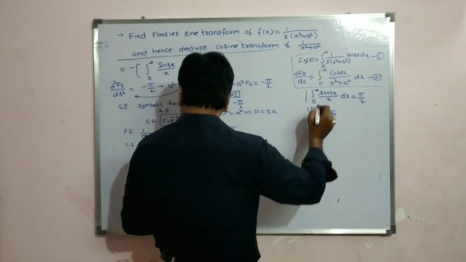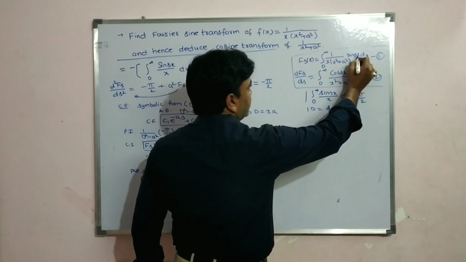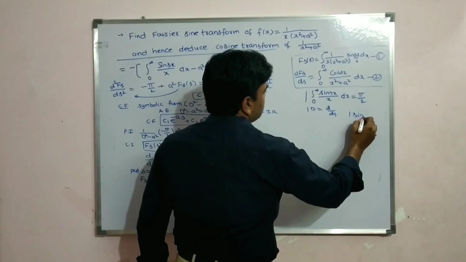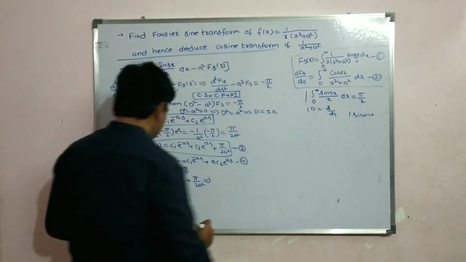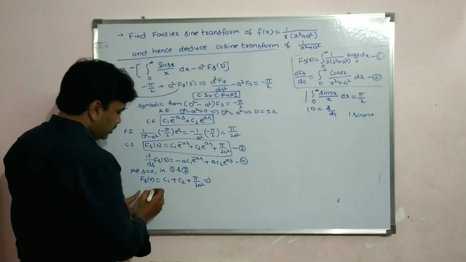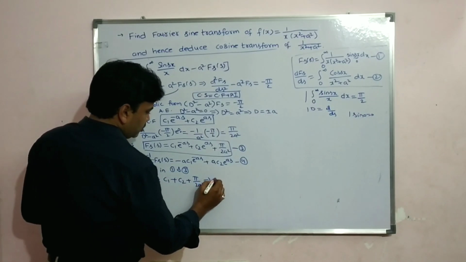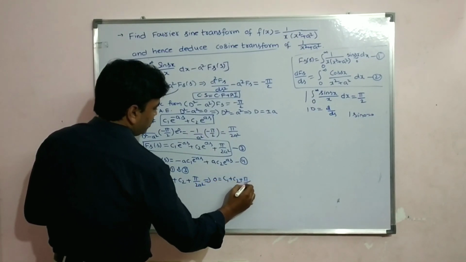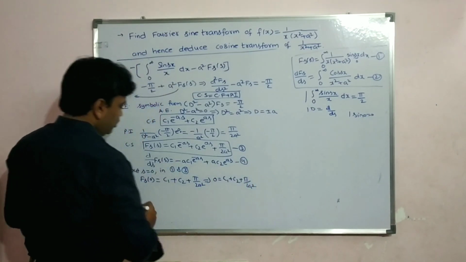In equation 1 we have sin(s·x); I substitute sin 0, the value is 0, so we get 0 = c1 + c2 + π/2a².